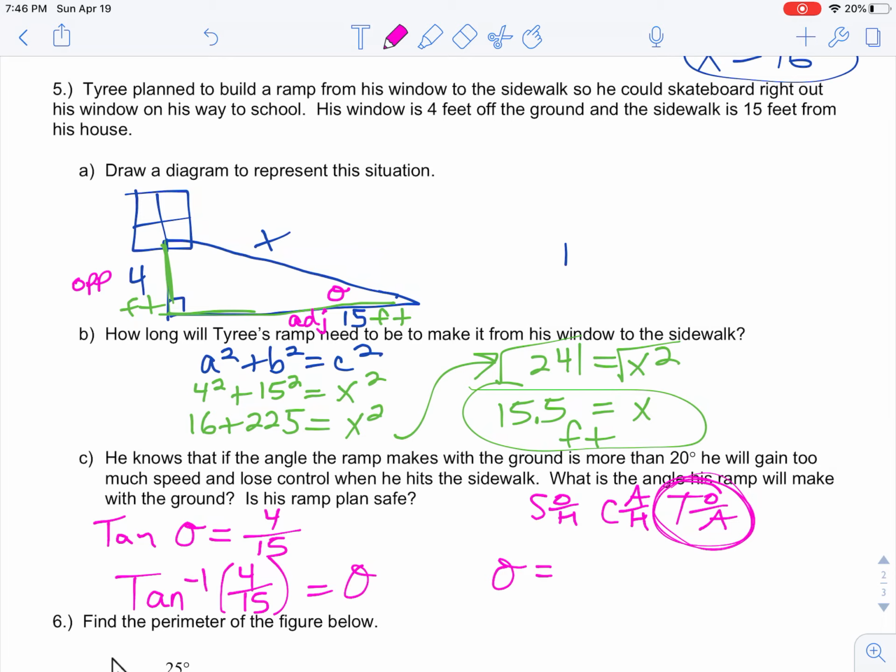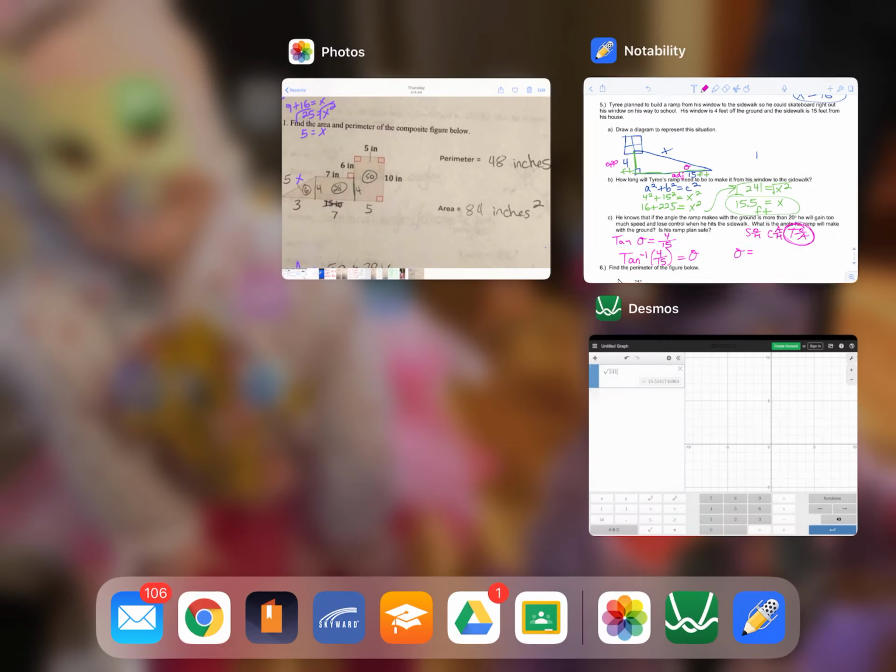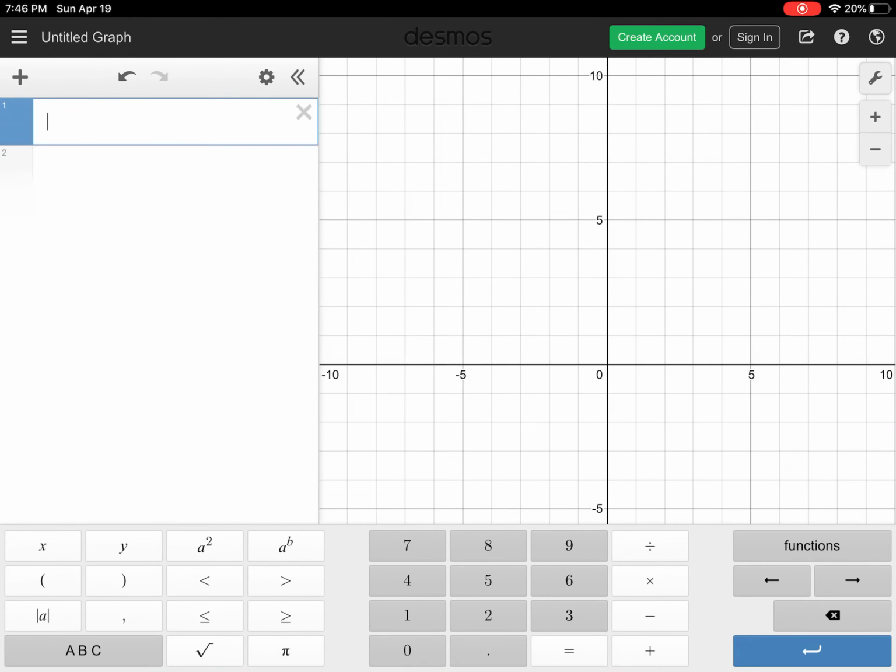So tangent to the -1, 4 divided by 15. We get that the angle measure must be 14.9 degrees. We'll round to the nearest tenth. Since 3 is smaller than 5, we would not round up, and we would just say 14.9.